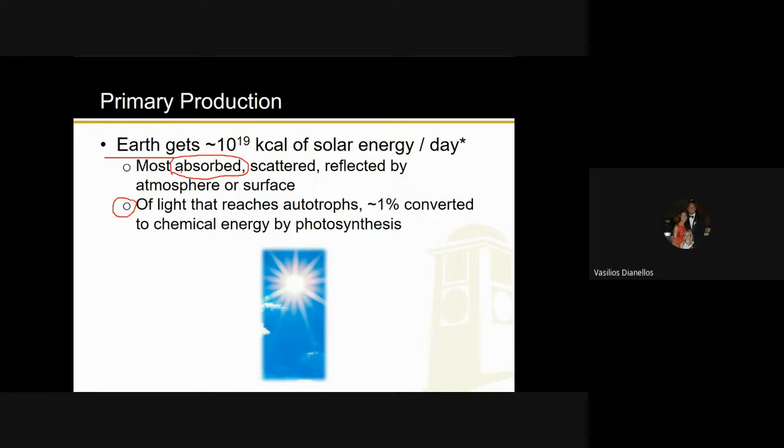Of all the light that actually reaches autotrophs, remember those are the photosynthetic organisms, the primary producers, about 1% of that is converted to chemical energy by photosynthesis. All this to say, in a nutshell, Earth gets a lot of energy from the sun, and only a small fraction of it is actually being put to use.